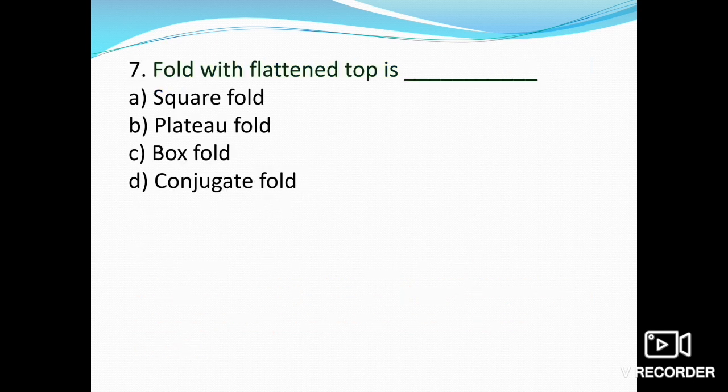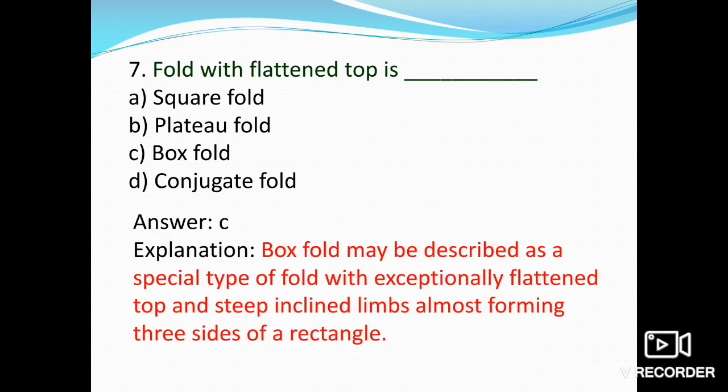Seventh one is saying, the fold with a flattened top is known as square fold, plateau fold, box fold, or conjugate fold. So we all know that box fold may be described as a special type of fold with exceptionally flattened top.